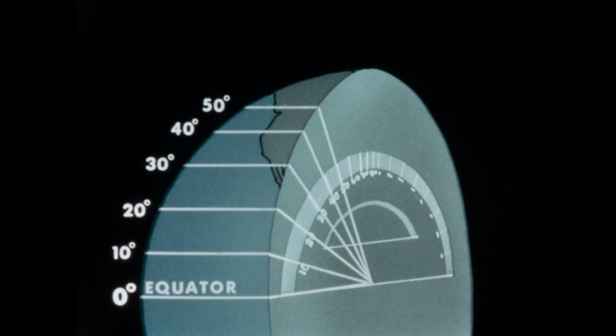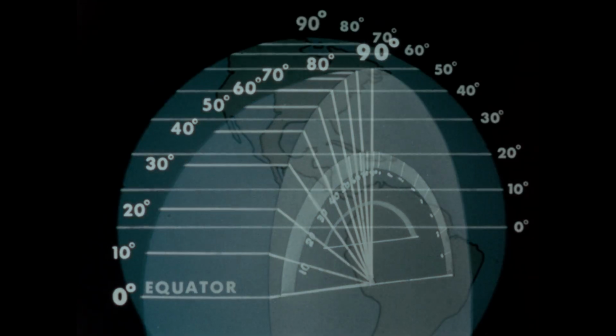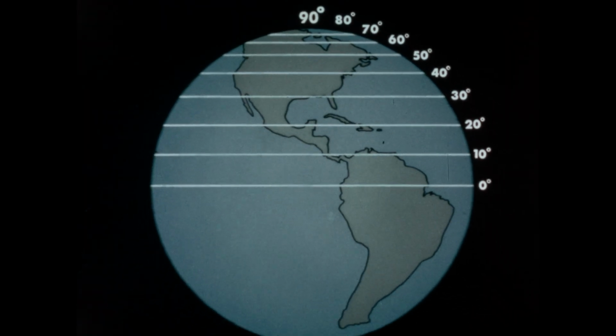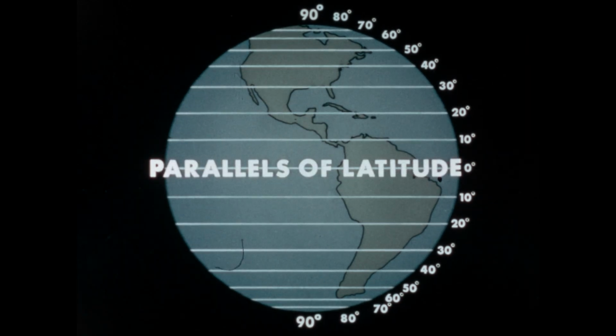We can draw circles every 10 degrees north of the equator until at the North Pole we reach 90 degrees north latitude. We can mark off circles in the same way south of the equator. We call all these circles parallels of latitude.